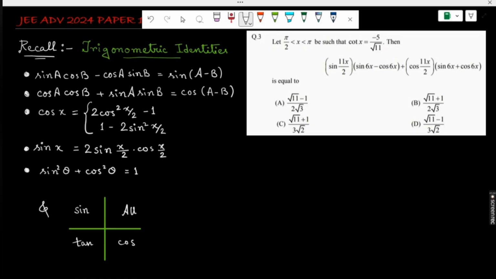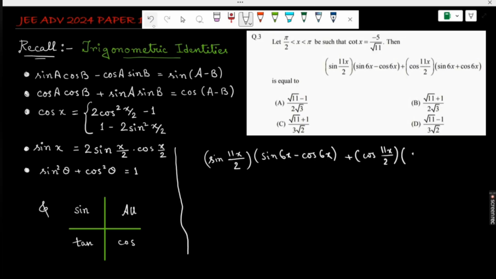First, we should simplify the expression given in the question. So what is the expression? Sine 11x by 2 into sine 6x minus cos 6x plus cos 11x by 2 into sine 6x plus cos 6x.